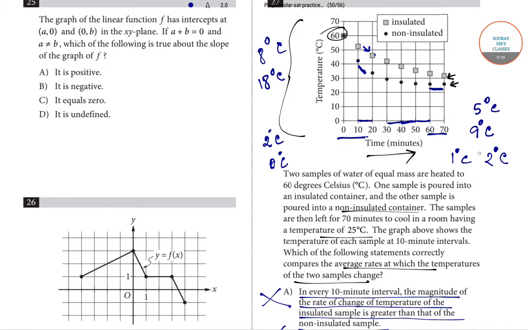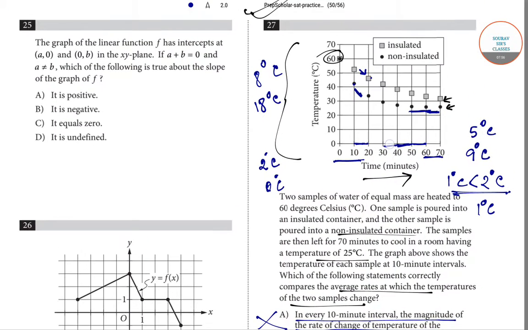So this one is greater than the non-insulated sample's decrease. Similarly, for 50 to 60, the non-insulated sample hasn't decreased any temperature, but the insulated sample has decreased slightly, 1 degree Celsius. So option D is correct for question number 27.